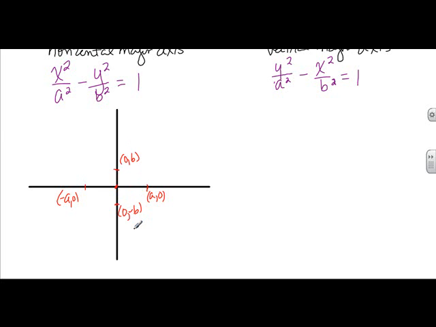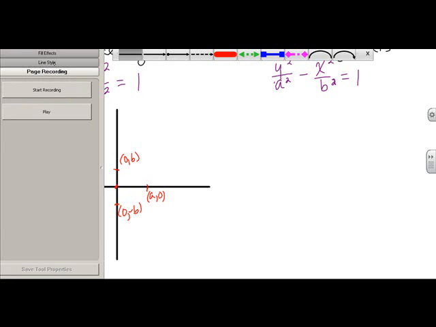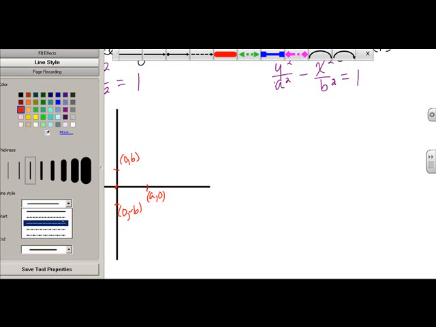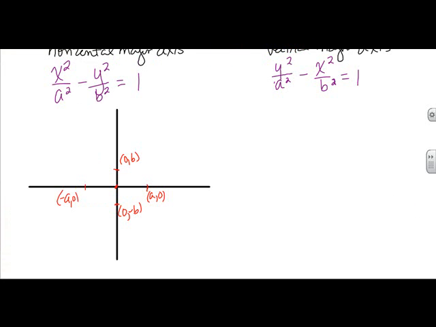Now instead of drawing a curve that goes through those 2 points, this time we're going to draw a box. So bear with me while I get this set up. You draw a box that goes through these 4 points on the axes. Then I adjust my box so that it actually does what I need it to do.